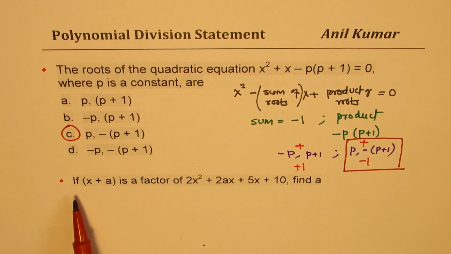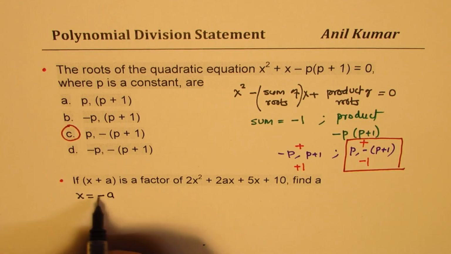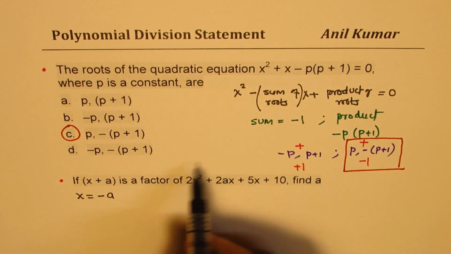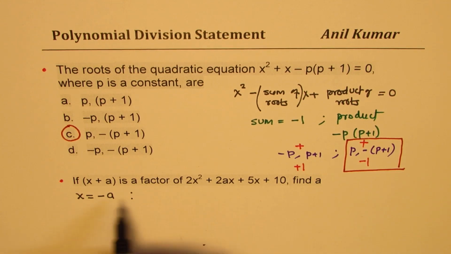The question number 2 here is, if x plus a is a factor of 2x squared plus 2ax plus 5x plus 10, find the value of a. Now in such questions, if x plus a is a factor, then x equals to minus a. If I substitute, I should get all this as 0, right? So just calculate. Substitute x as minus a.